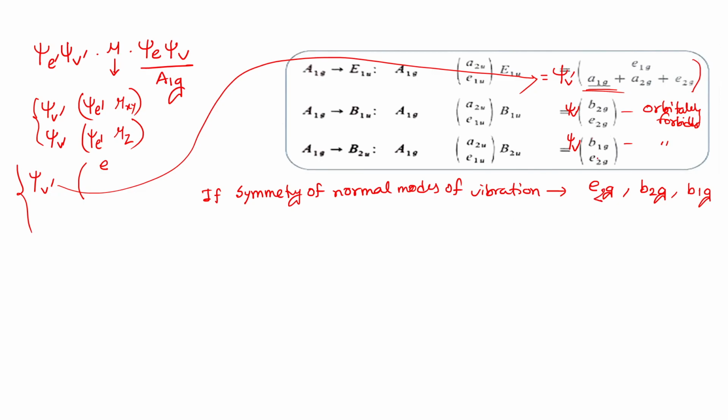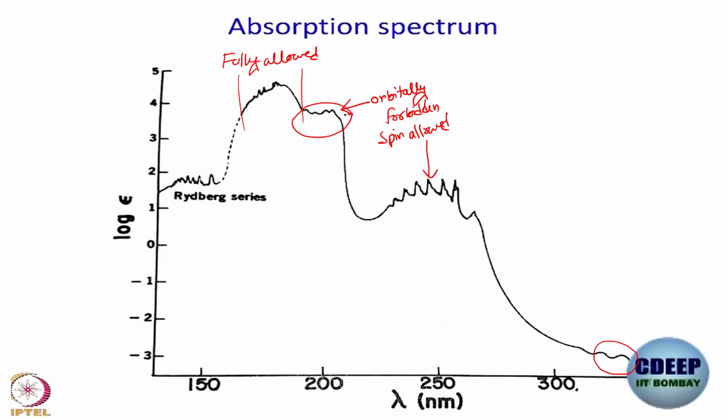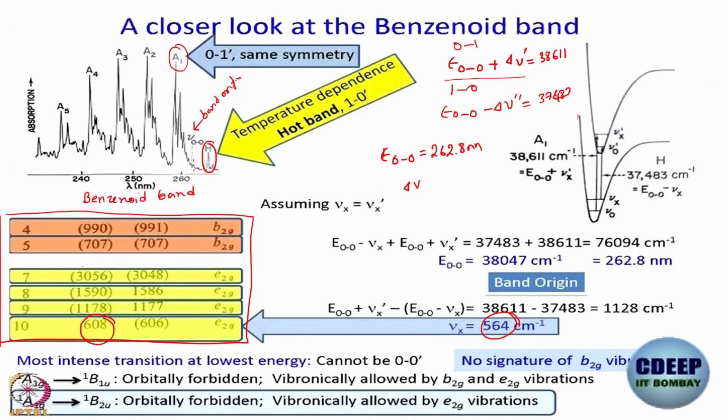Due to this E2G, E2G, B2G, B1G. This is already allowed. Right? Okay. So this benzenoid band is vibronically allowed by the E2G band.